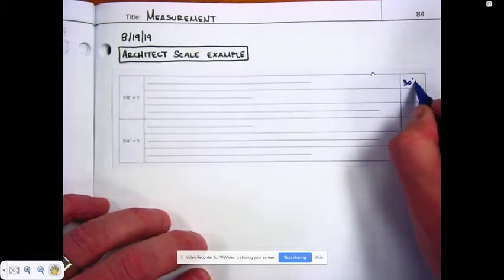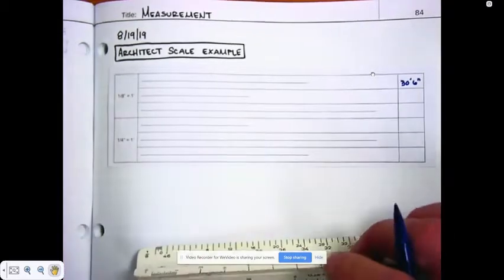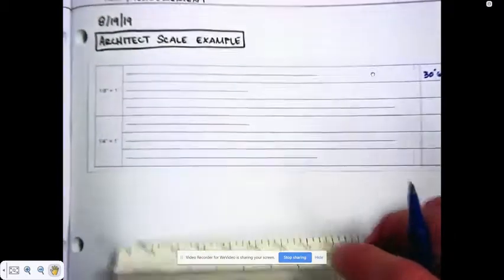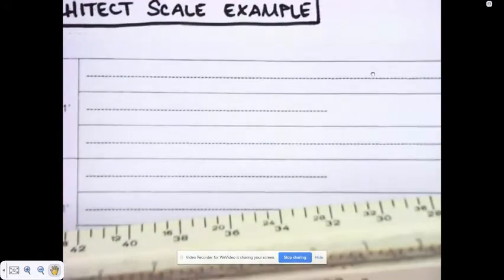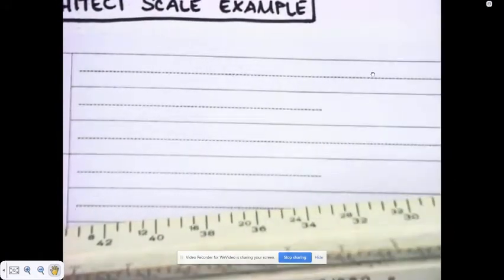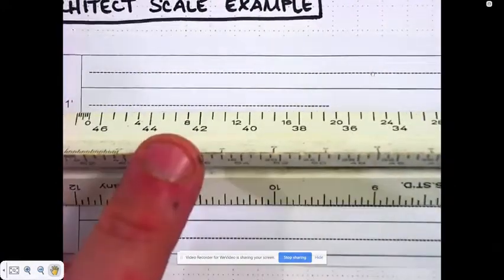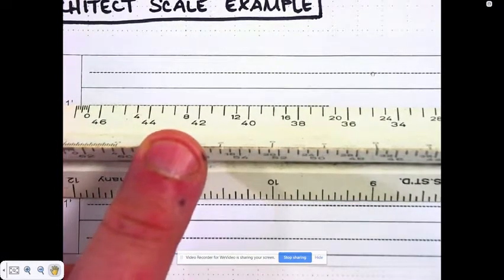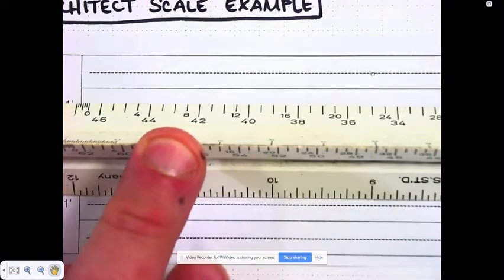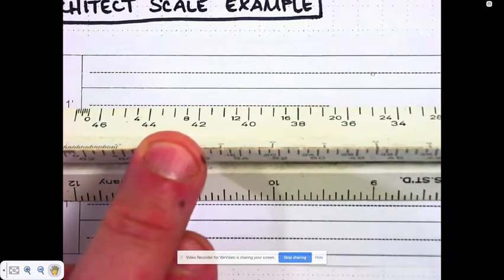30 feet, 6 inches. All right, we'll do one more together, so I'll zoom into this. Next one down here. Okay, I'll put the 0 on the end of the line, and I'll measure the feet first. Oops, let me get it set there.